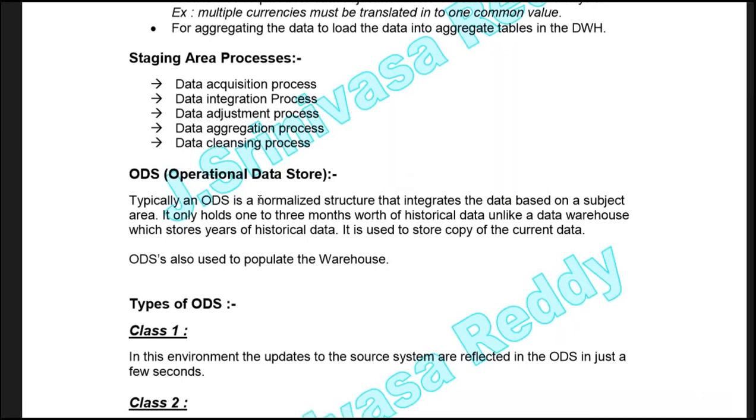But OLTP contains only current data. ODS contains recent history of the transactions. You understand? 1 to 3 months history of the transactions. So ODS also contains almost transactional data that integrates data based on subject areas.